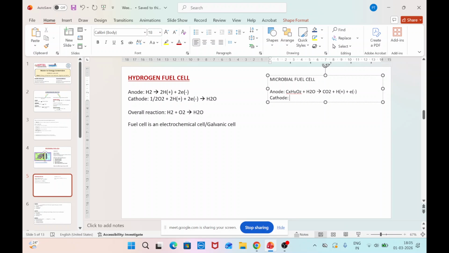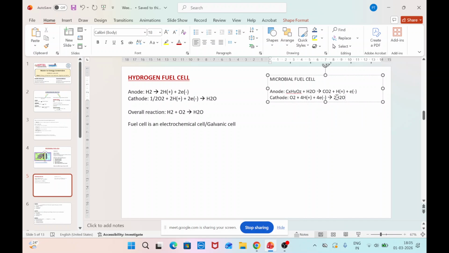So in the cathode section you have oxygen, and the H plus ions as well as the electrons meet to form H2O. If you try to balance this reaction, it should be 4H plus plus 4 electrons gives 2H2O.